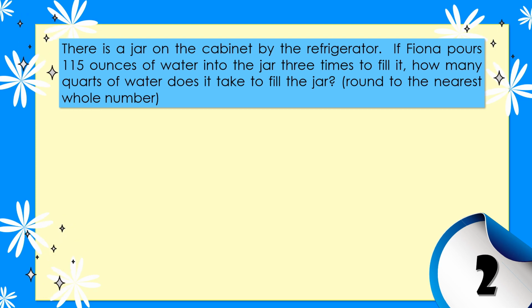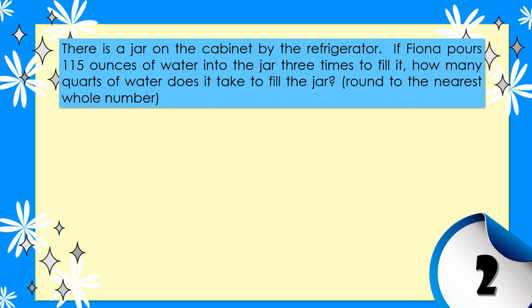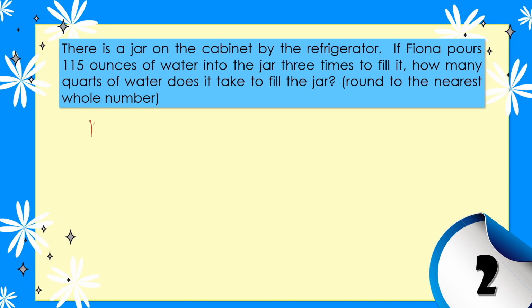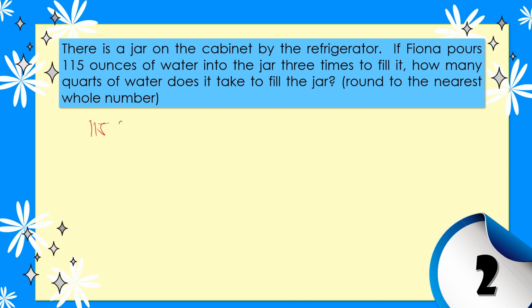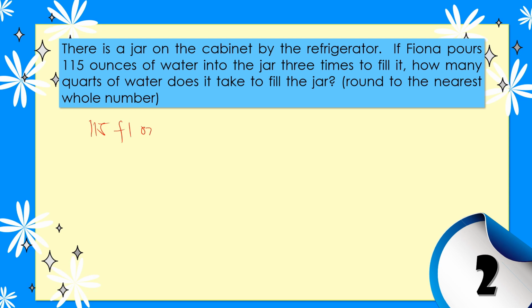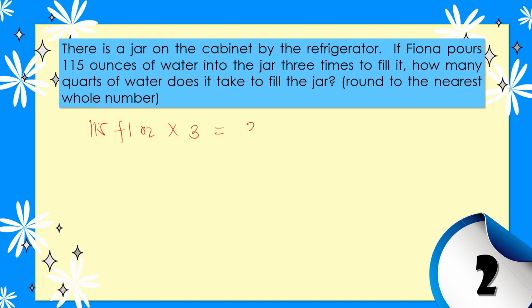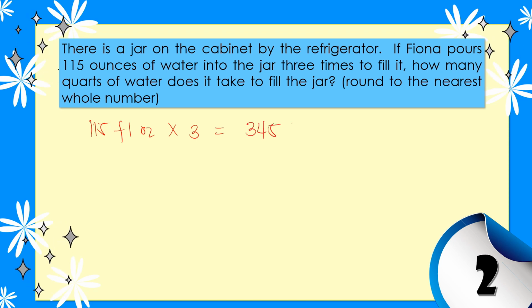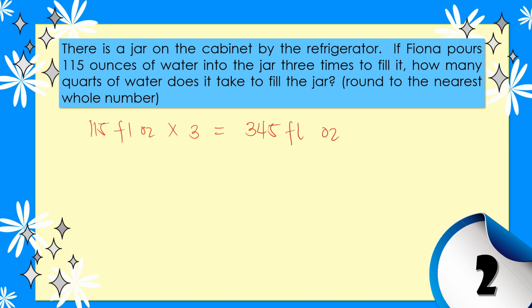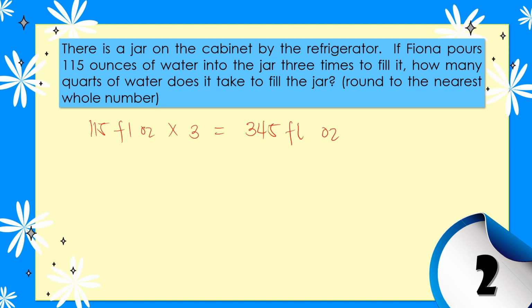So, ang una natin gagawin is yung 115 fluid ounces i-times natin sa 3. Kasi 3 times niyang finil yun, di ba? So, makukuha natin yung sagot na 345 fluid ounces. Ngayon, ilipat natin to papunta sa quarts.